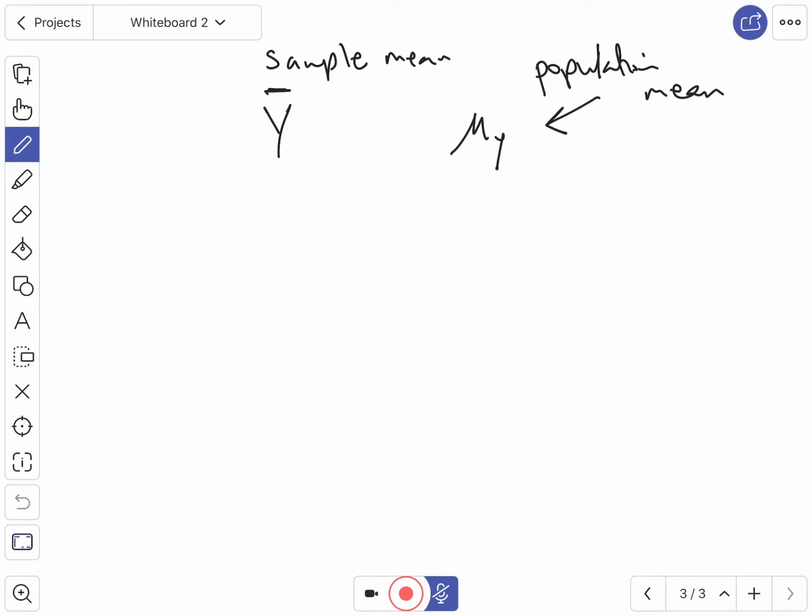So this is the population mean, we call it mu y. This is the sample mean, we call it Y bar. You want these two to be as close as possible. So in other words, I gave you just an example with certain numbers, and I said, okay, this is 45K, and the gap is 5K, right?